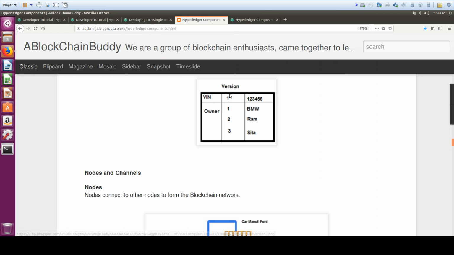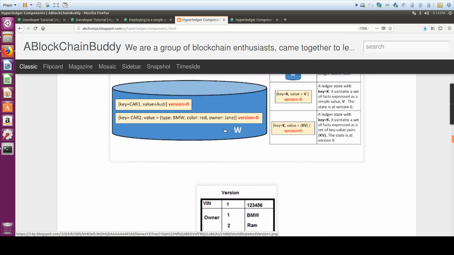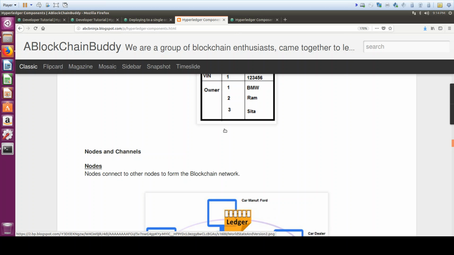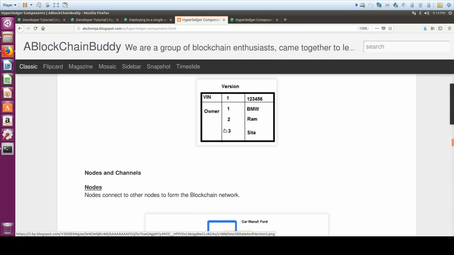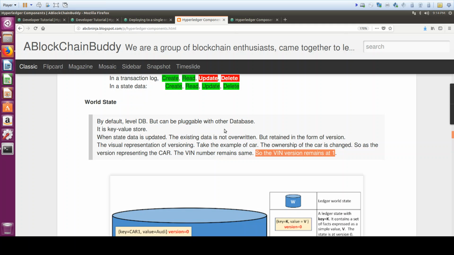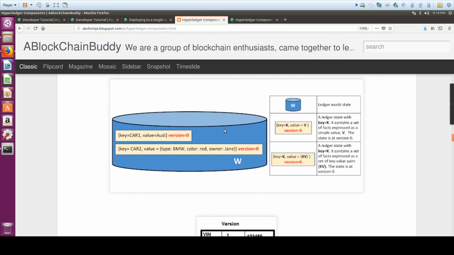So the VIN number version remains 1, while the owner version keeps changing based on each sale. I hope you guys could understand that. Little complicated, but if you go over it one more time, I'm sure you can follow.